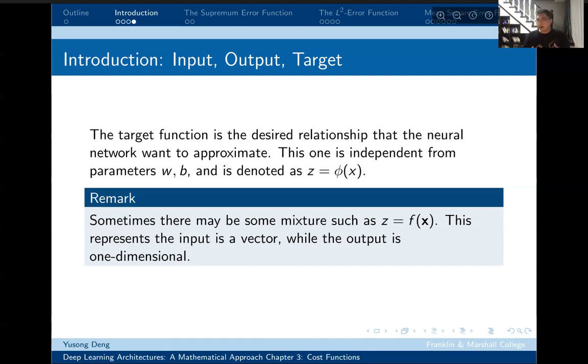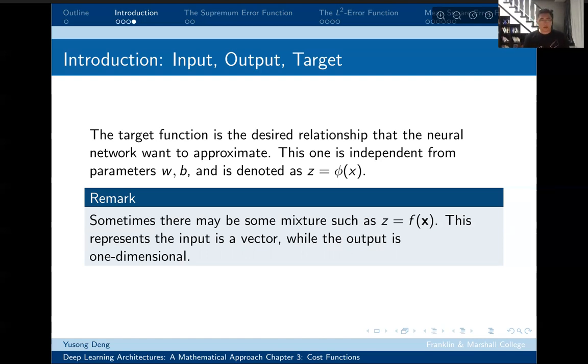What we want the neural network to do is recognize a figure and output what number it is. Say I give a random handwritten number, and the neural network needs to recognize, okay, this is 9, this is 8, this is 5, this is 4, this is 0, this is 1. That is what we expect the neural network to do.